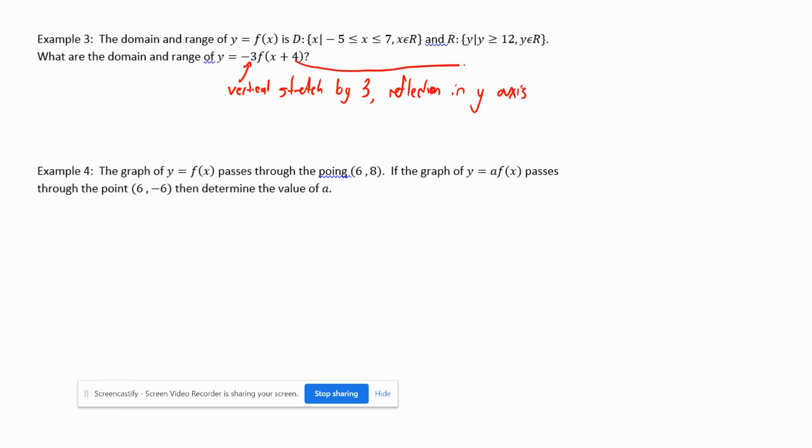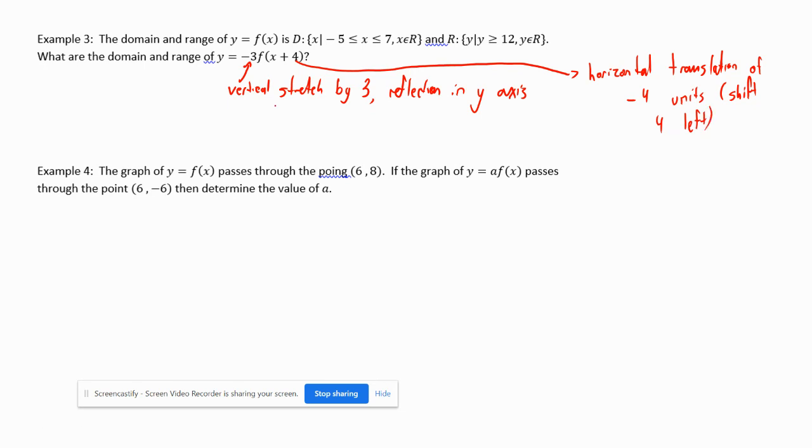This is what we talked about in the previous section, which is going to be a horizontal translation of -4 units. So it's going to be a shift 4 left. Okay, so what's that going to do?